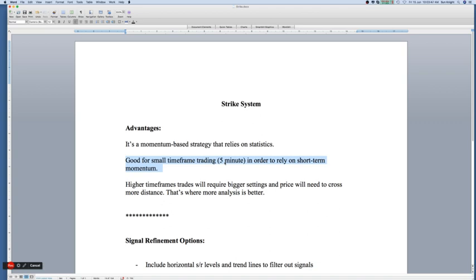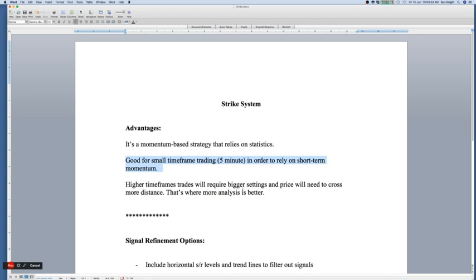The reason is that we're really just trying to catch a push, an impulsive move of price, and we're not necessarily going to wait for price to move a huge amount in one direction. If it does, it's great, but because it's based on this one core principle and the statistics around how many trades go right versus wrong, it lends itself to shorter time frame trading.